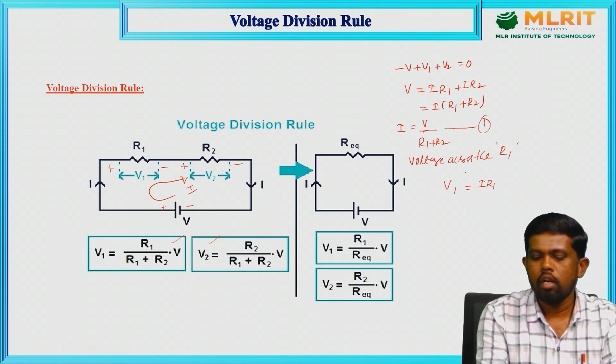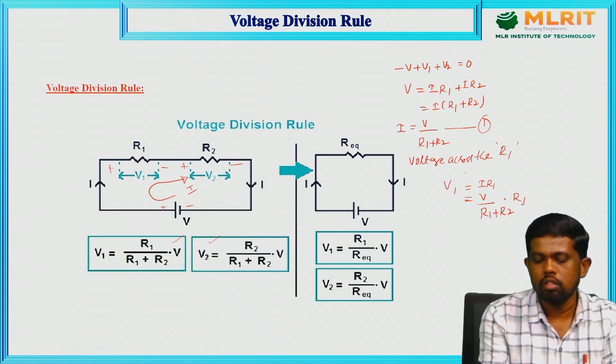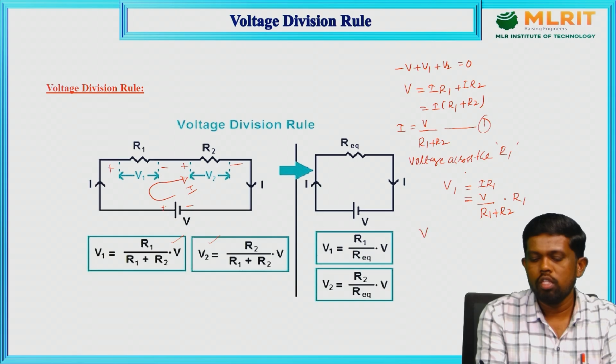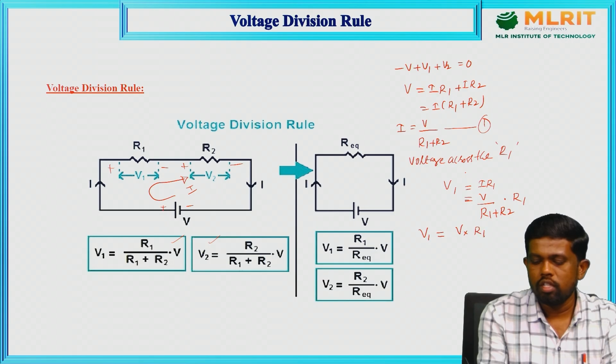The value of I comes from equation number 1, so I is V upon (R1 plus R2), multiplied by R1. The final term: the voltage across the first resistor equals the total voltage V times R1, which is the same resistance, divided by the total resistance.